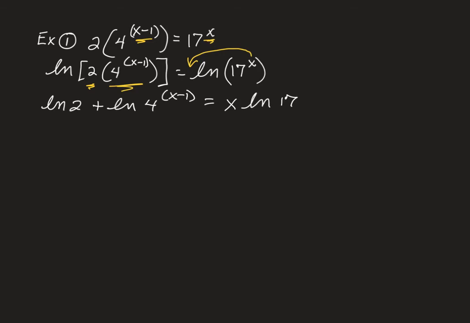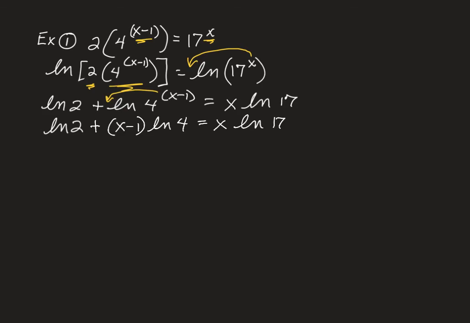Now let's see what we can do on the left side again. I'm going to leave the natural log of 2 where it is for the moment. But I do have a power in the second log here. I'm still adding this second term. But now I'm going to be adding the quantity x minus 1 times the natural log of 4. And on the other side I have x natural log of 17. Still looks kind of funny. What could I do?